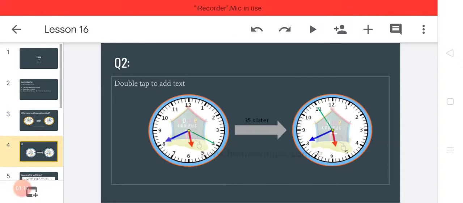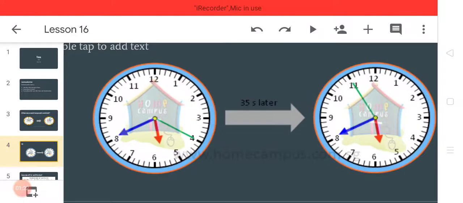Okay guys, the next question, this is question number 2. This is also on the same line. Again you can see here the green hand is at number 4, but after the arrow, in the second clock, it is at 11. Now we are going to measure seconds from 4 to 11.